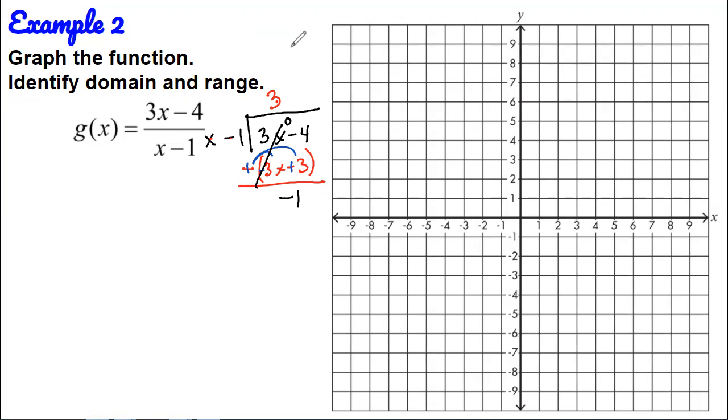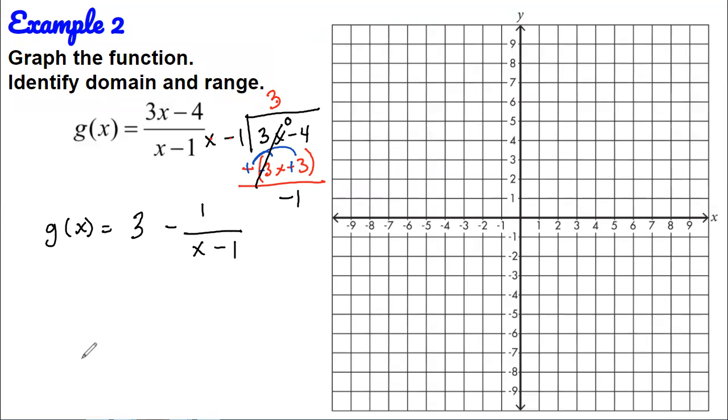So now the way I'm going to rewrite this function is g of x equals my whole number, which is 3, and my remainder, negative 1, is being divided by x minus 1.